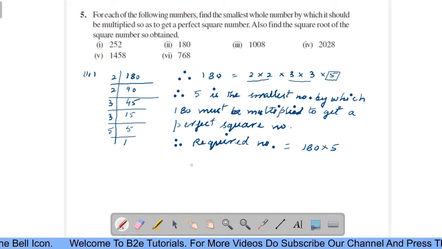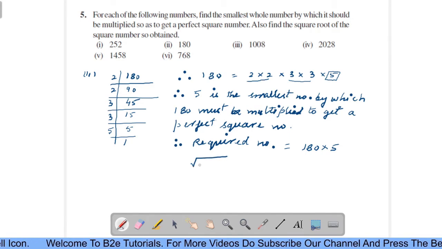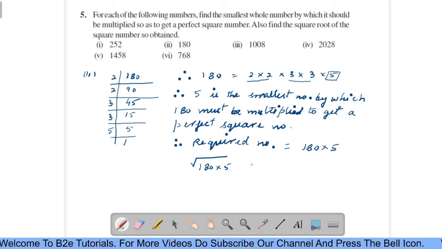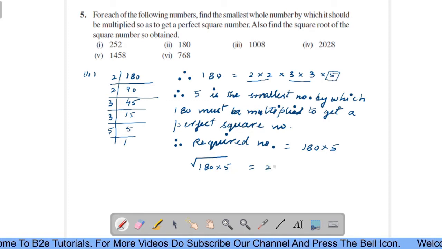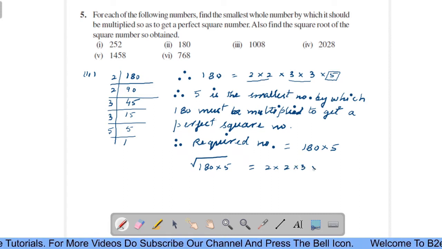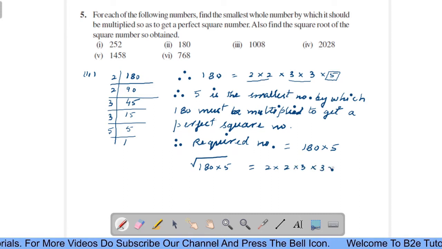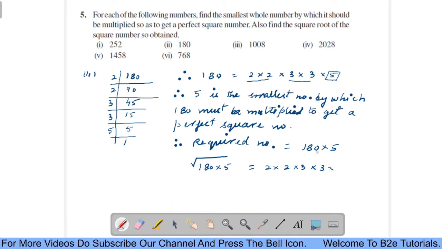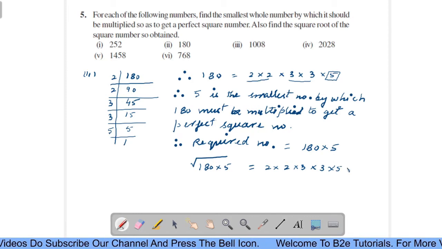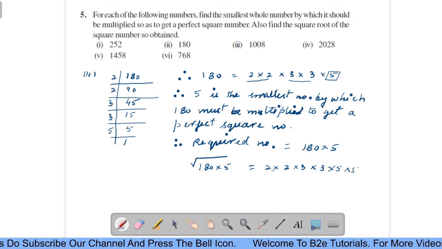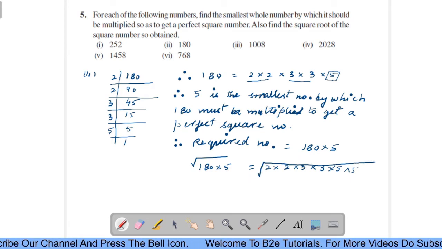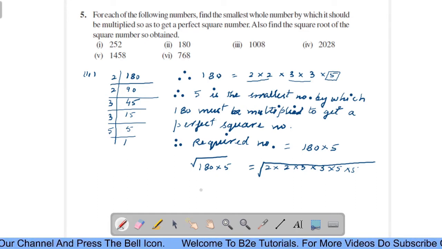Let us find out square root of this number. The square root of 180 into 5 can be written as 2 into 2 into 3 into 3 into 5 into 5. So 180 into 5 is 900.